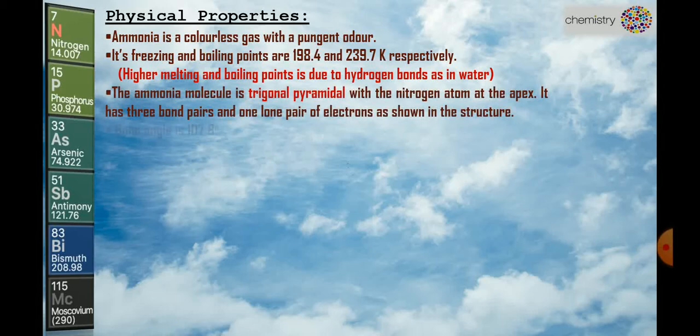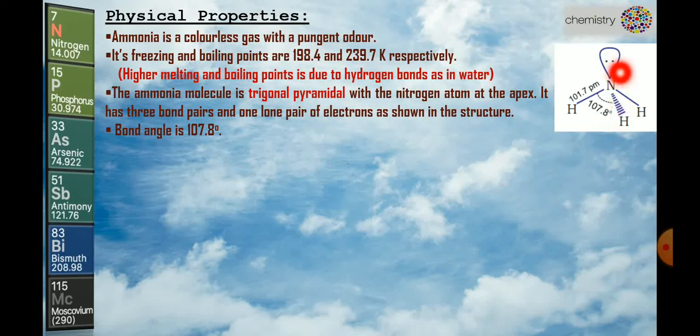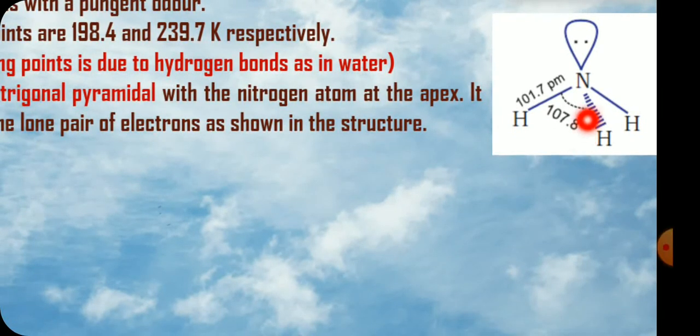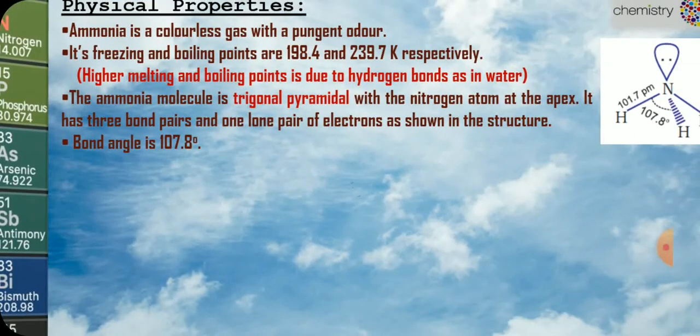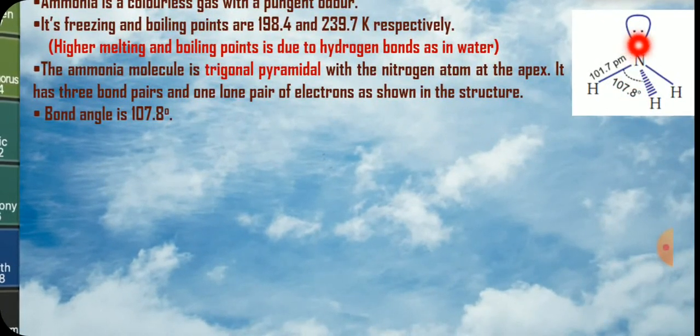When you look at the structure of ammonia, it is trigonal pyramidal. This ammonia structure has nitrogen at the apex, and there are three bond pairs. The nitrogen atom forms three single bonds with three hydrogen atoms, so it has three bond pairs and one lone pair. Can you see these two dots present in the orbital structure?